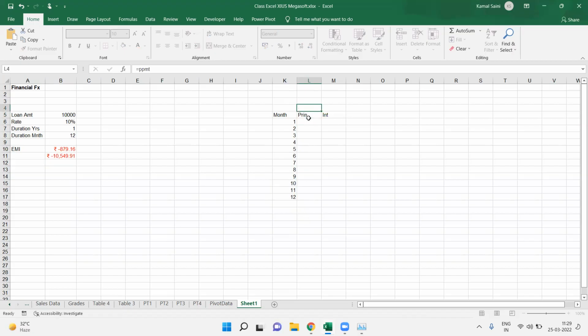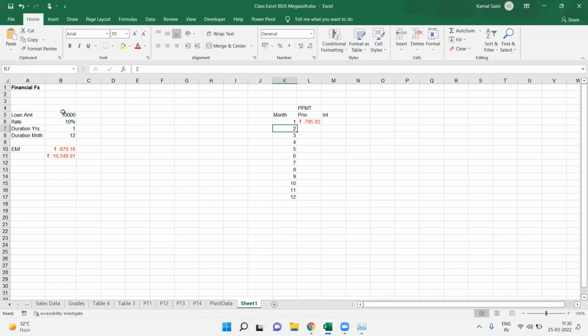Now, how does it work? PPMT, first rate of interest, which is 10%, divided by number of months in a year. Period, which period I want to know, for the first month. Then N per refers to total duration, that's 12 months, and principal value 10,000.